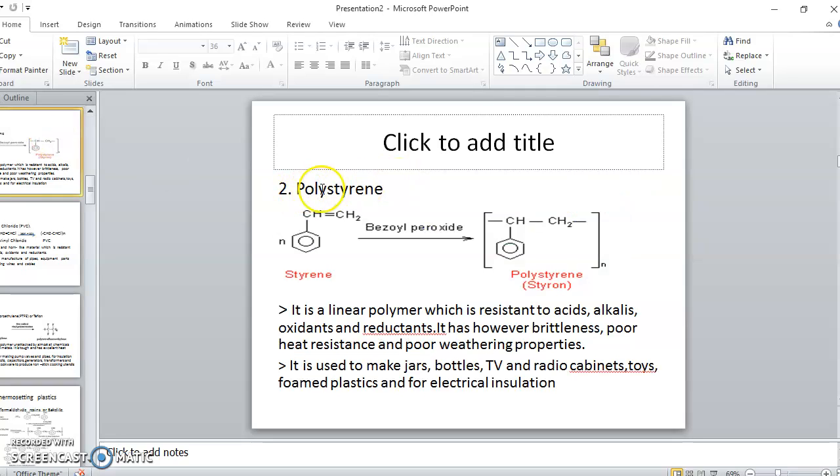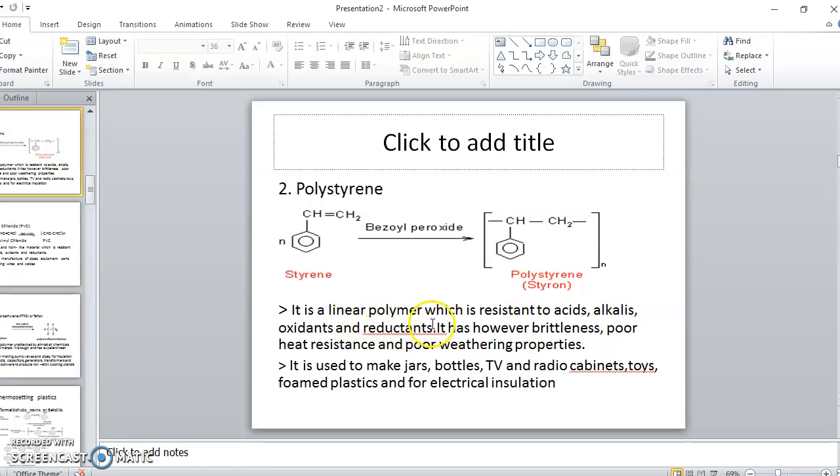Now we discuss polystyrene. The compound has a benzene ring with CH=CH2, styrene. This group is vinyl, so the other common name is vinyl benzene. Vinyl benzene upon n times polymerization with benzoyl peroxide, another substance which provides free radicals, gives polystyrene.